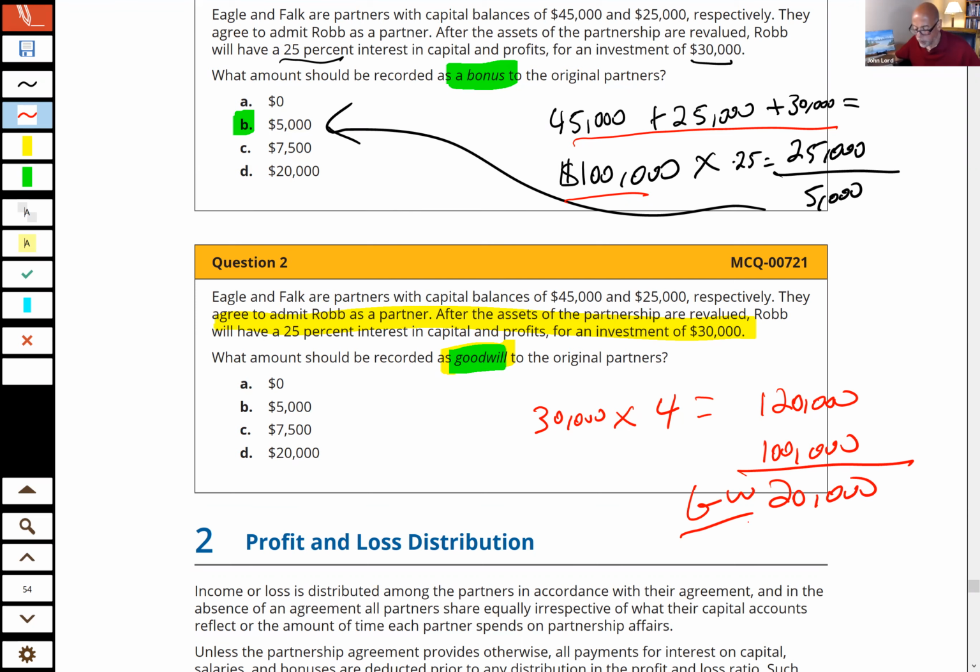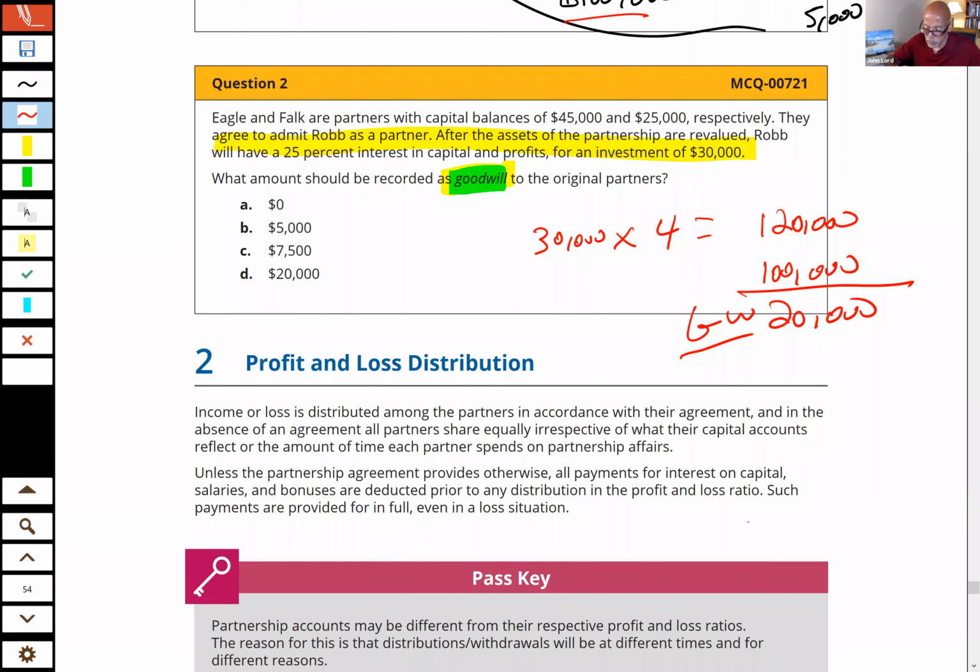Okay, good. Now, profit and loss distribution. And look, profit and loss distribution in a partnership is really based on the agreement. Whatever it is that the individuals have agreed, that's how they're going to share profit and losses. And so really, all we have to do if we get a question that asks how to distribute is follow the directions.